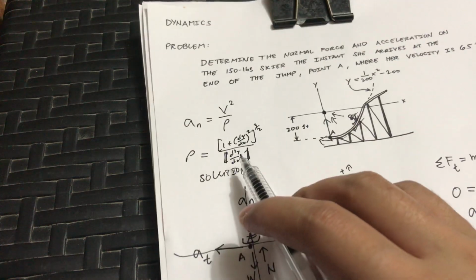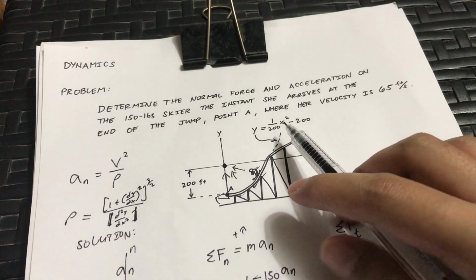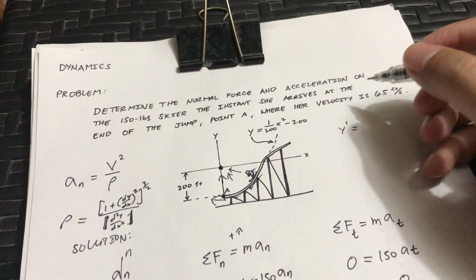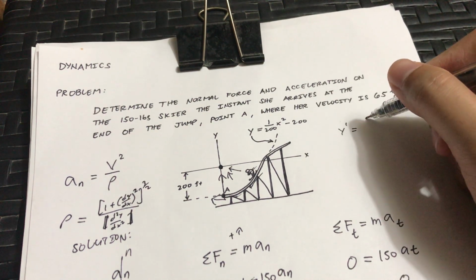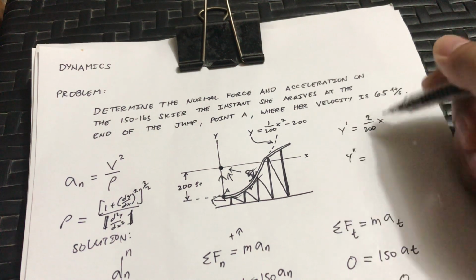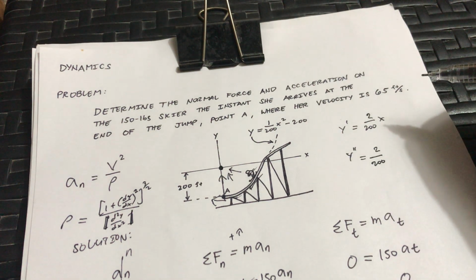Remember this equation in our normal tangential components. So we need the first and second derivative of the equation of the curve. The first derivative becomes 2 over 200 x, while the second derivative is 2 over 200.